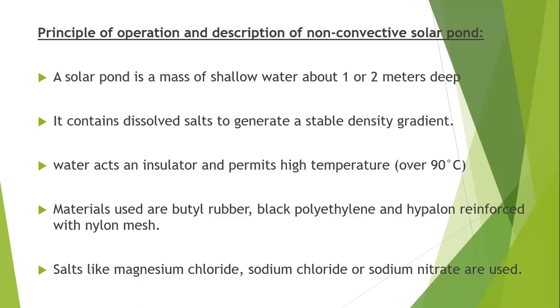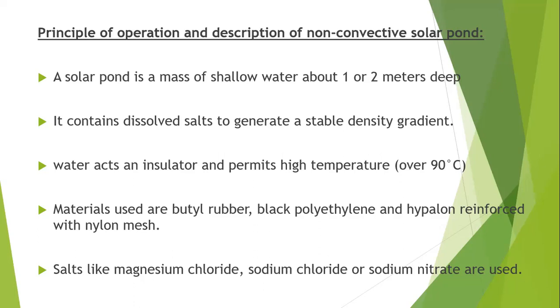The concentration of salt at the surface is low, usually less than 5% by weight, so the water is relatively light. The salt concentration steadily increases as we go deeper, until at the bottom it is very high, around 20%.